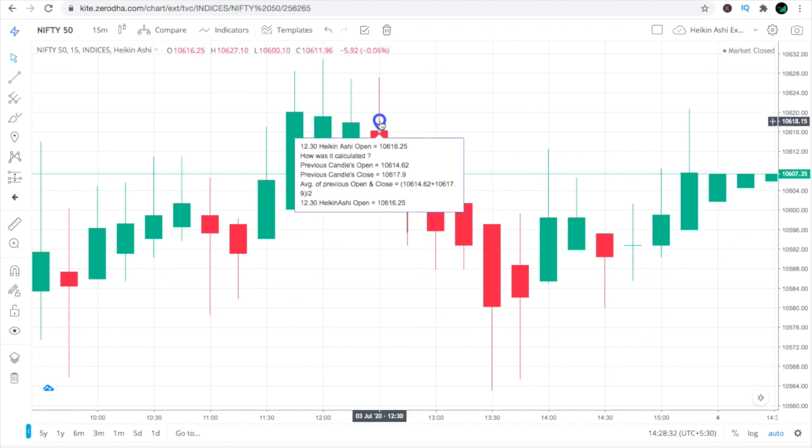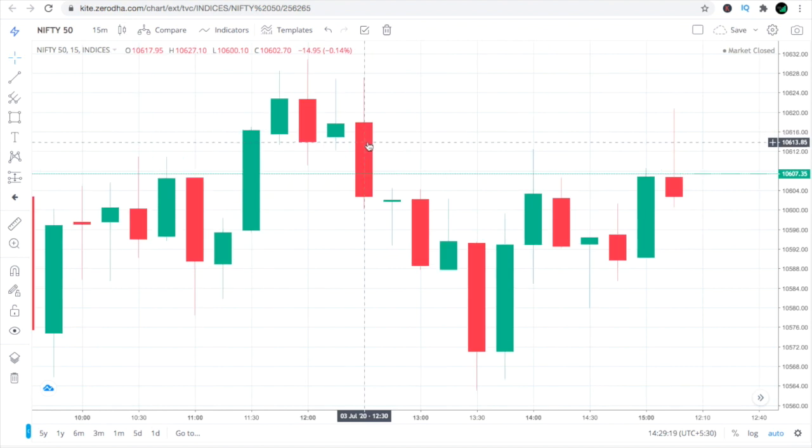Therefore, if you take the average of 10,614 and 10,617.9, then we get the opening price of the Heikin-Ashi candle at 12:30, which is 10,616.25. So this is how we generated our opening price in Heikin-Ashi.